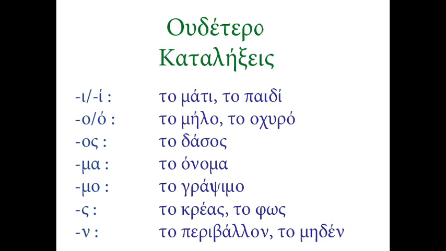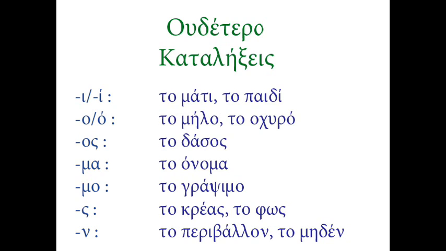Then we have, one more time, -ος, but not -ός with an accent. I don't think there are any neuter nouns in Greek that end in -ός with an accent. So, an example here is το δάσος, which means the forest.